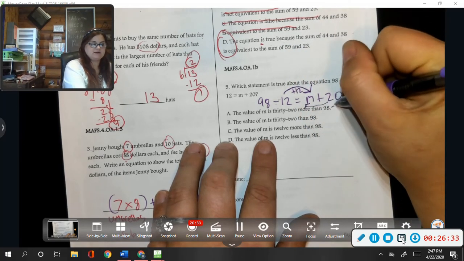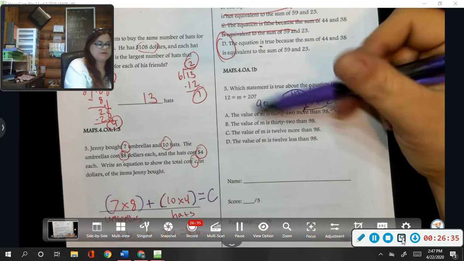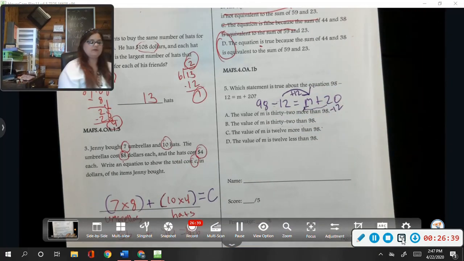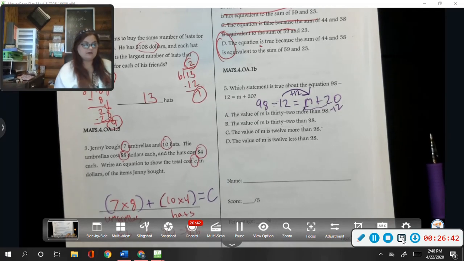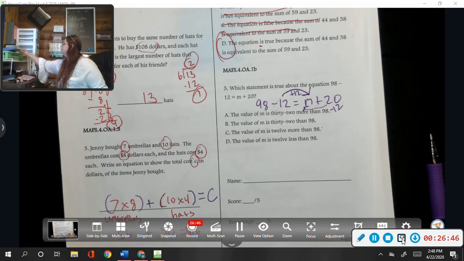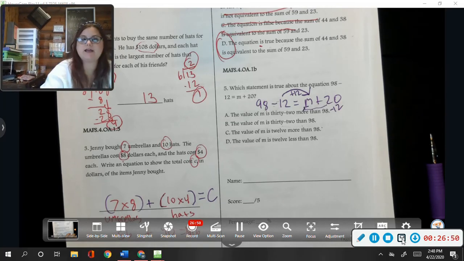And if we were to take away from it down here? Would the value of m be 12 more than 98? Or would the value of m be 12 less than 98? Pause the video for a second while you figure that out.